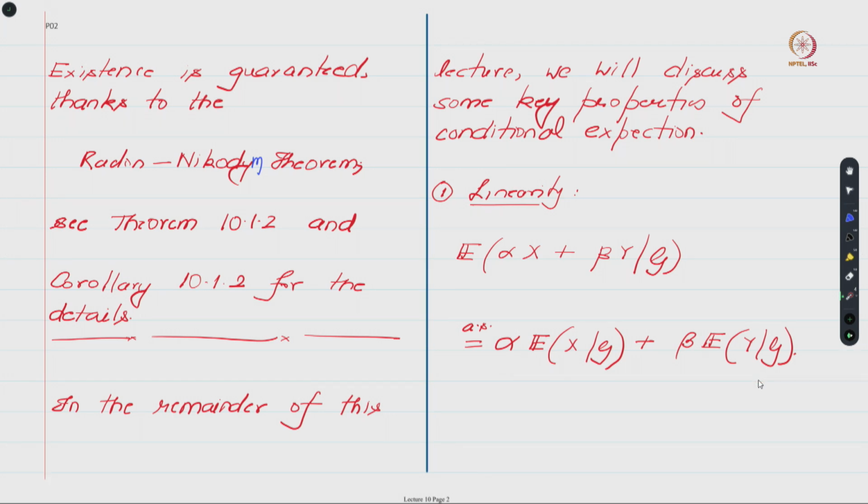Okay. Alright. So I will not be giving you the proof, but the proof is very straightforward. It follows from the linearity property of expectation that we had stated before.